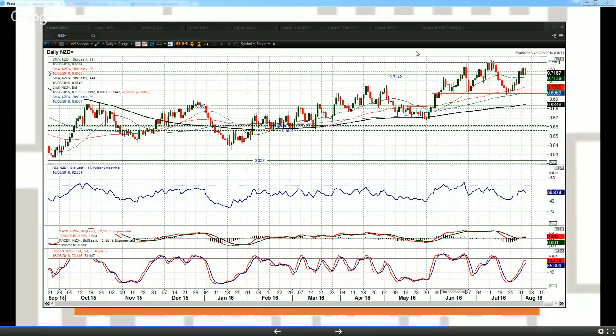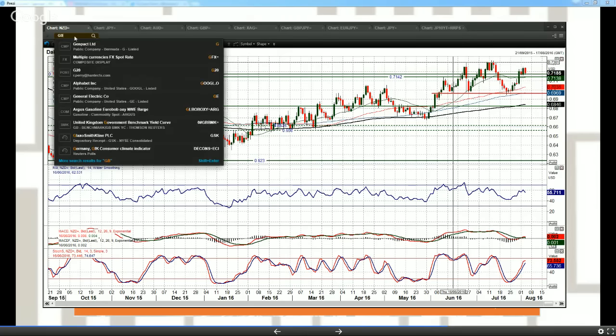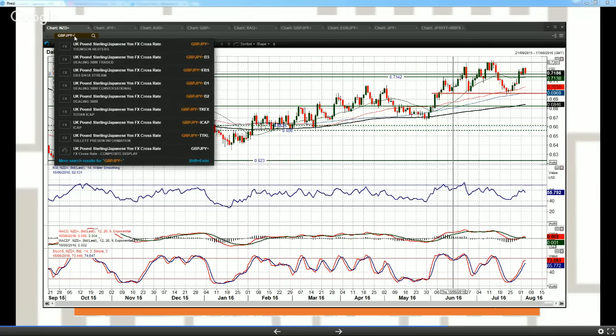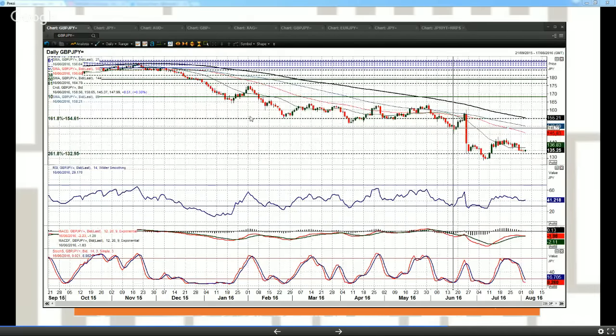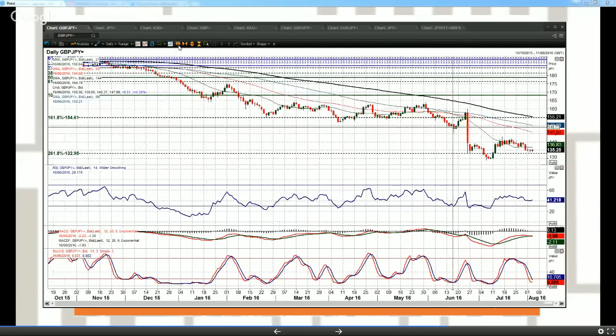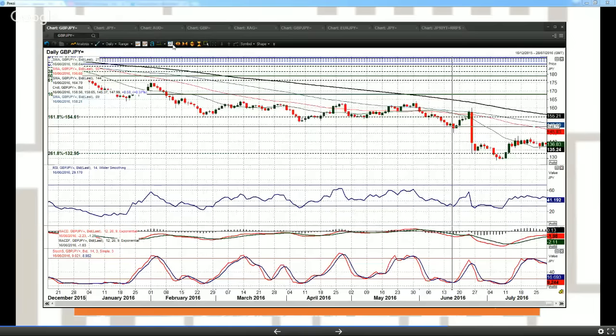Question from Ravindu: can you look at sterling yen? Yes, I can. I can do that now for you. GBP JPY. Same sort of situation. Oh no, let's do that differently.